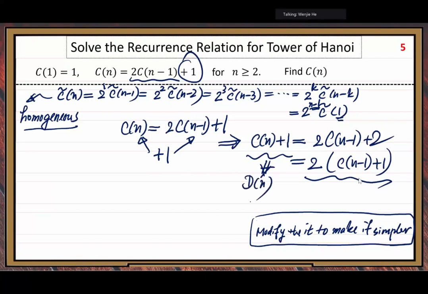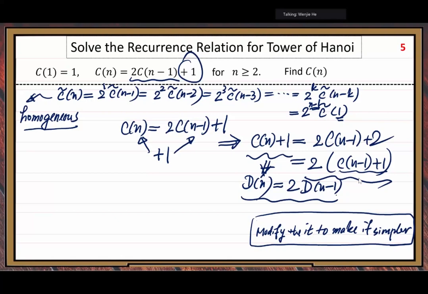You define a new d function, d of n equals C of n plus 1. Now you only need to work on the d function. So the right-hand side, 2 times C of n minus 1 plus 1, is another d function, d of n minus 1. Now you get a new recurrence relation, and in this one, the plus 1 term is gone.